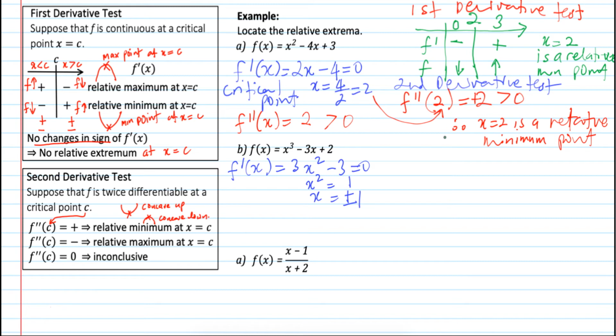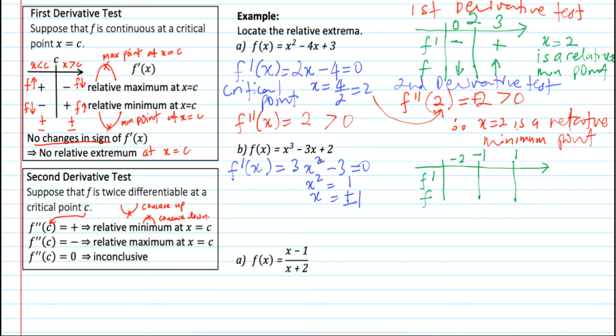So using the first derivative test, you have the number line. One is minus 1, the other one is 1. F prime, and this is your f. Choose a number that is less than negative 1, for example, negative 2. Substitute into f prime.